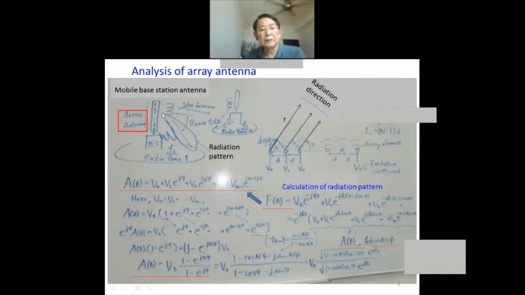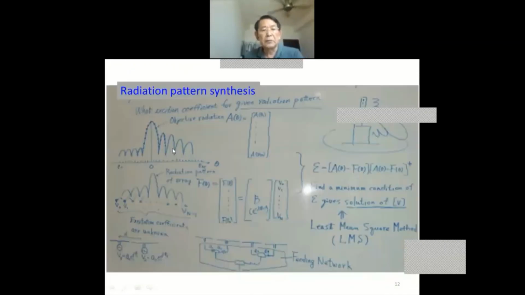So to achieve this unsymmetric radiation pattern, pattern synthesis is performed by adjusting the excitation coefficient.